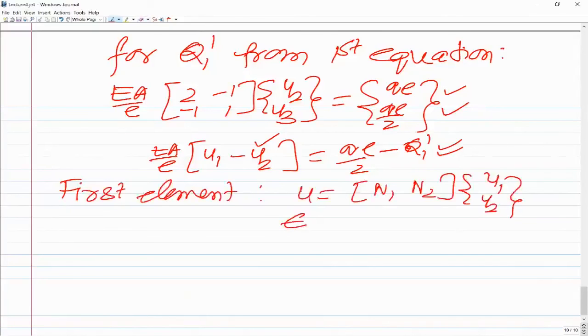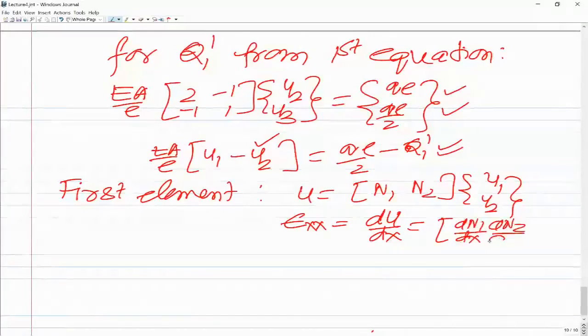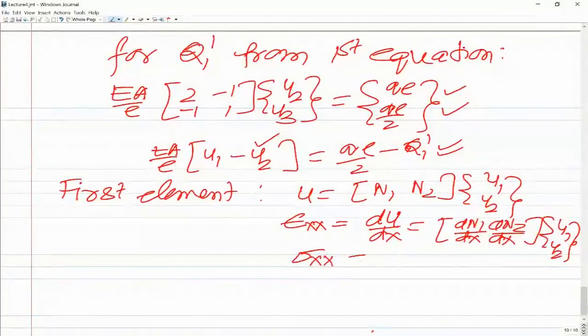And then the strain epsilon xx is du by dx, which will be dn1 by dx dn2 by dx into u1 u2, known to you, so you can calculate epsilon xx, and then the stress anywhere within the first element sigma xx you can calculate as E into epsilon xx.